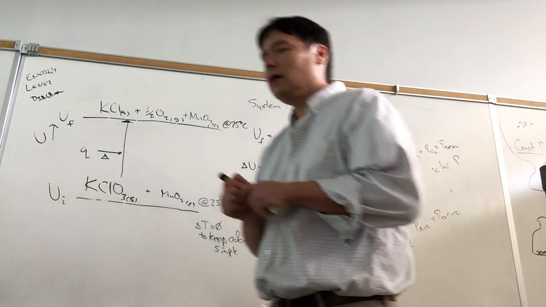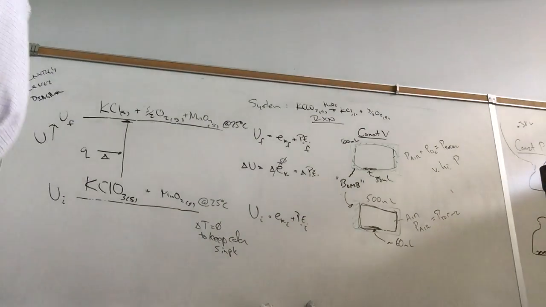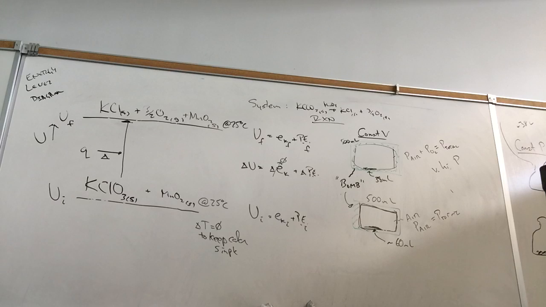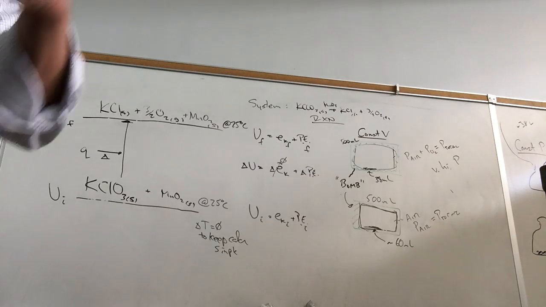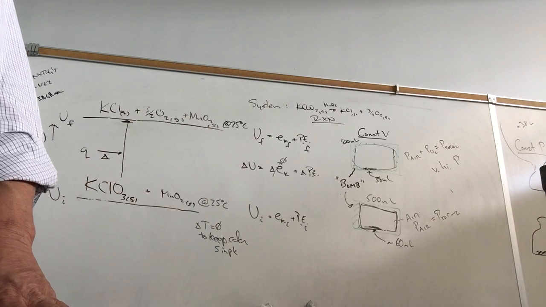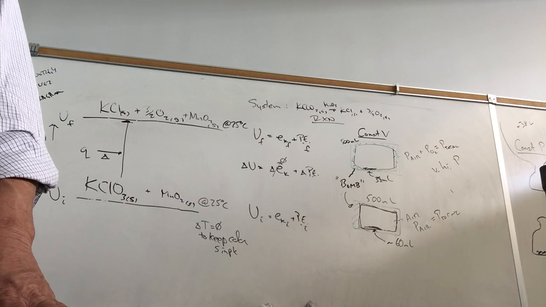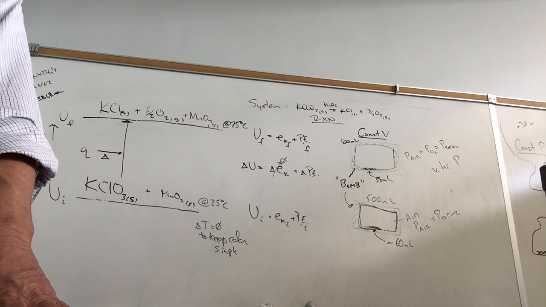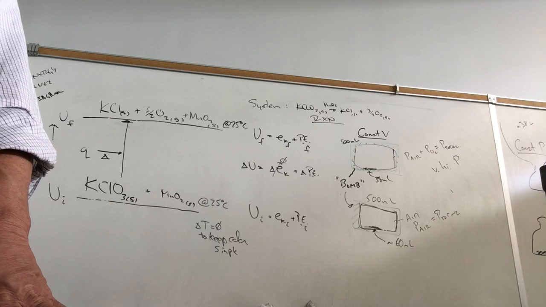Now, why do we care whether we do this under constant pressure or constant volume conditions? Why we care is because the energy will be different. Let's say somebody asks you, can you do me a favor? Can you blow up this balloon? You say, sure. And then they tell you, well, I just need it 38 liters big. Would you be happy blowing up a 38-liter balloon?